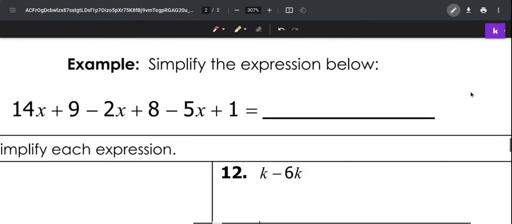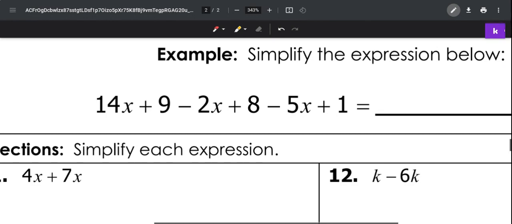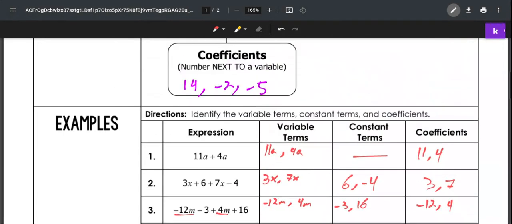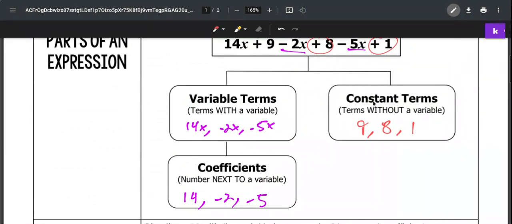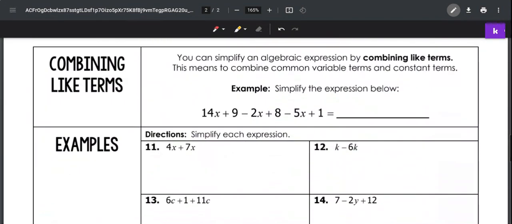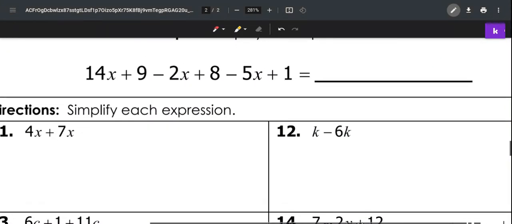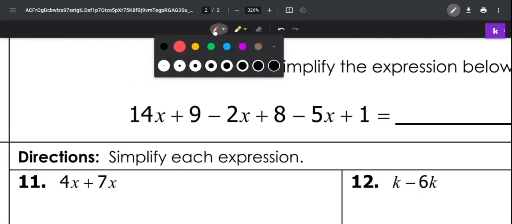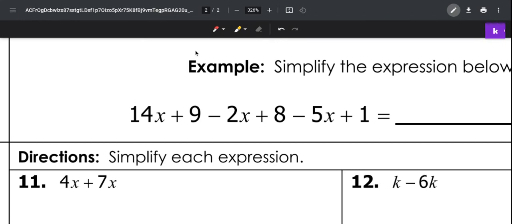Here's how this works. Now, the reason it's important to know the coefficient, because you may be asking, well, I know why we need to know the difference between variables and constant terms, but why do I need to know coefficients? So I'll show you. So if we look at this, let's do this. Let's underline anything that's a variable term once, and we'll underline anything that is a constant twice.